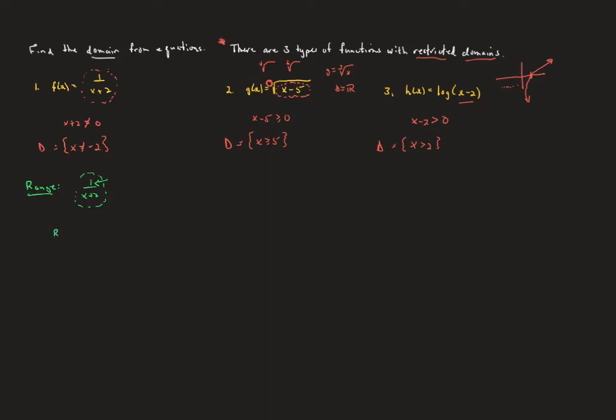And so the range in this case is going to be everything but 0. If you were to graph this, and we'll talk eventually about how to graph this with pencil and paper, you're going to see something that looks like this. It's going to be above and below the x-axis, but it will never quite touch the x-axis, and that's why you're not able to get a y value of 0.